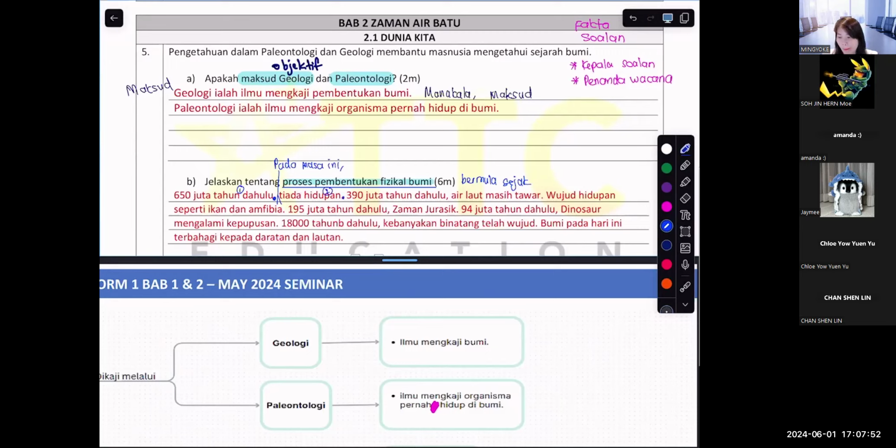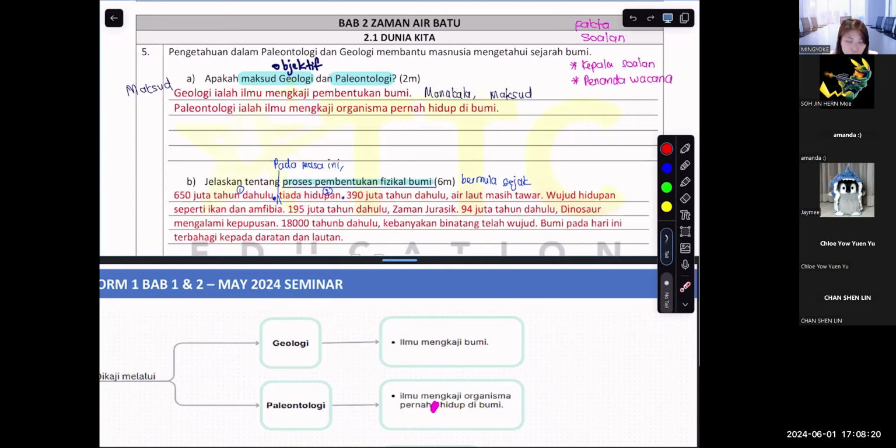Example. Then seterusnya 390. You put in all. I know all these are your points, but you have to write. If you just full stop, answer, full stop, answer, full stop, answer, for example one sentence, 1 mark, right? Example, you never put pada masa itulah, you put this as 1 mark. Then you full stop already, then you 390.